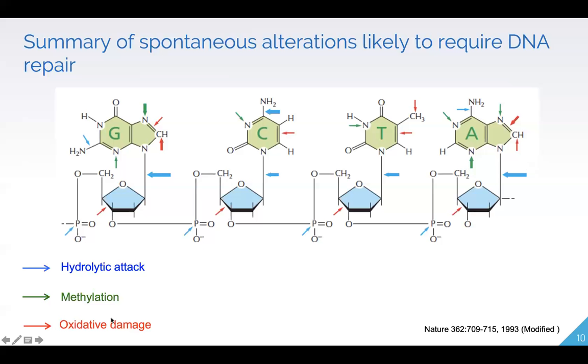You could also have oxidative damage, such as something that could happen to this particular carbon, to this double bond here, here, and here, as well as in the sugar, in the deoxyribose moiety as well. You could also, of course, have hydrolytic attack in the phosphodiester bonds, so that would ultimately sever the DNA strand if it's removed entirely. All right, so every single base in our genome, or in the genome of any organism, can be subject to multiple modifications that are not normal.